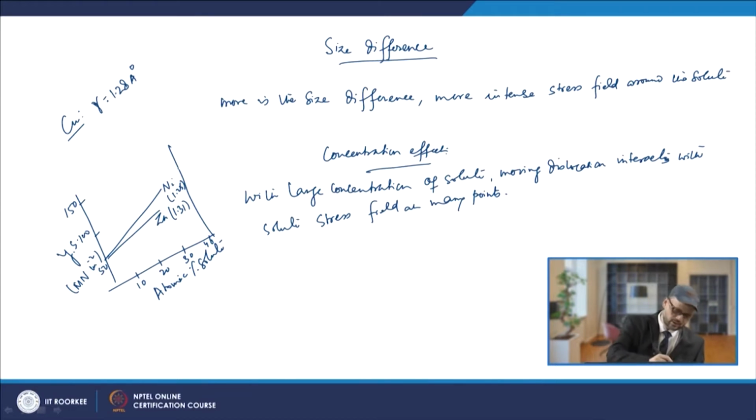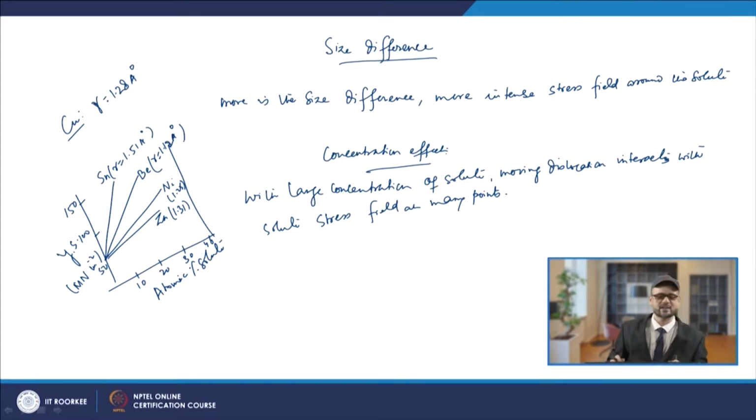Now, look at the effect when you are alloying with other solute atoms, like tin, whose radius is about 1.51 angstrom, or beryllium, whose radius is about 1.12 angstrom.